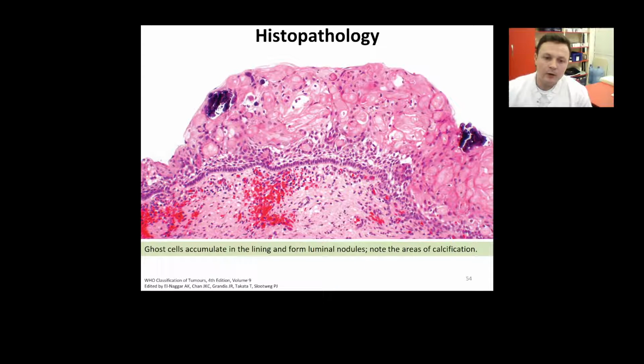A variable amount of dentinoid is sometimes laid down adjacent to the epithelial lining. In about 20% of cases, dental hard tissue resembling an odontoma is found. Enucleation is the treatment of choice. Recurrence is rare and has been reported to occur in less than 5% of cases.